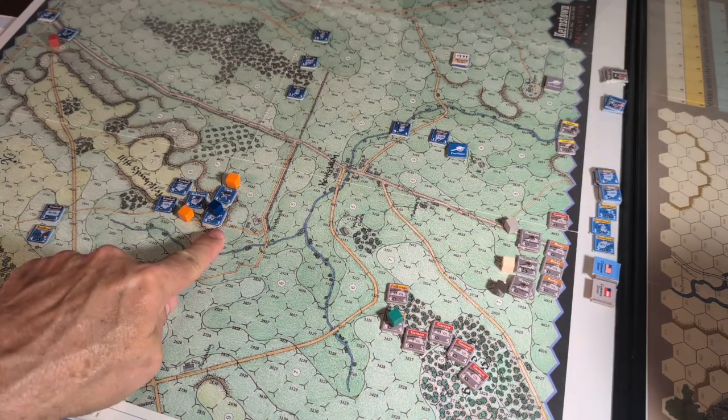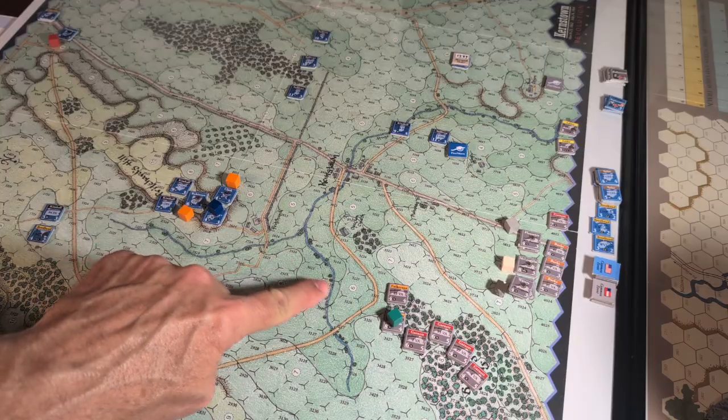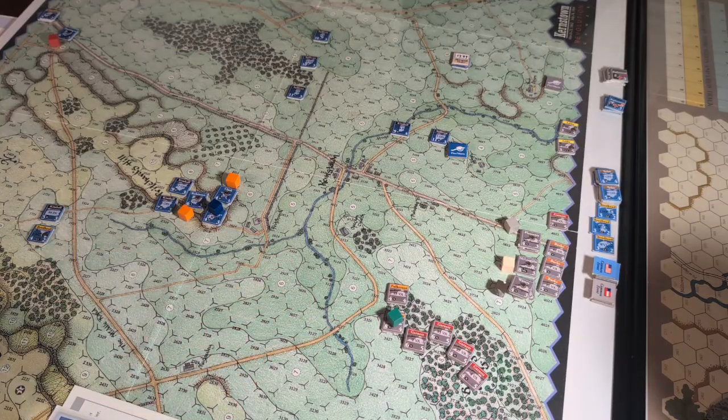So 1, 2, 3, 4, 5, 6, 7, 8, 9. Rifle 9 is going to be long range, so that's going to be half. So they're only going to have a strength of 4.